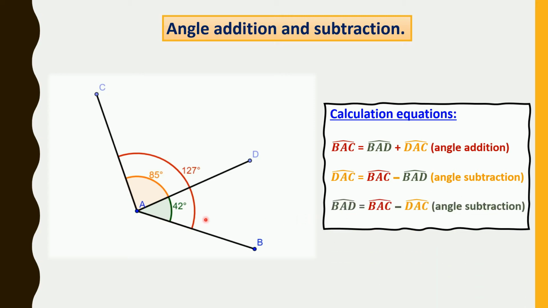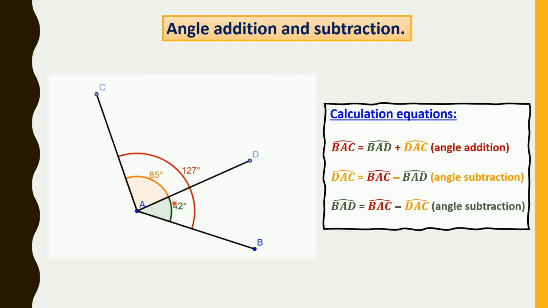And to calculate the measure of green angle BAD, we do red angle BAC minus orange angle DAC, angle subtraction. So to calculate the whole angle, we do angle addition.